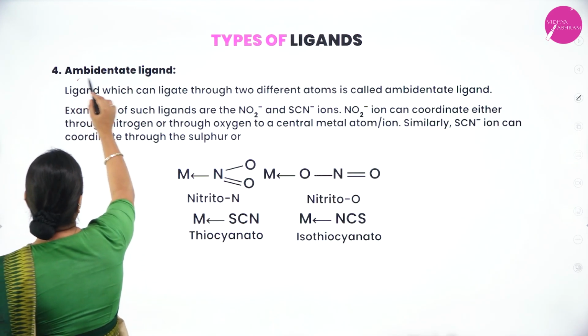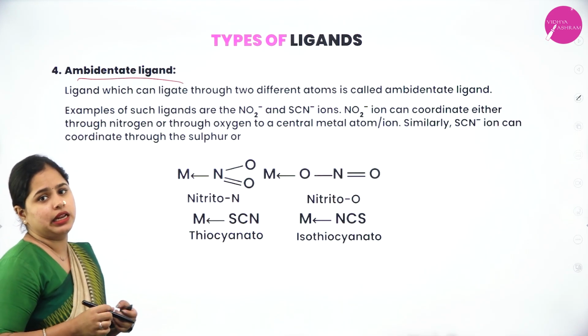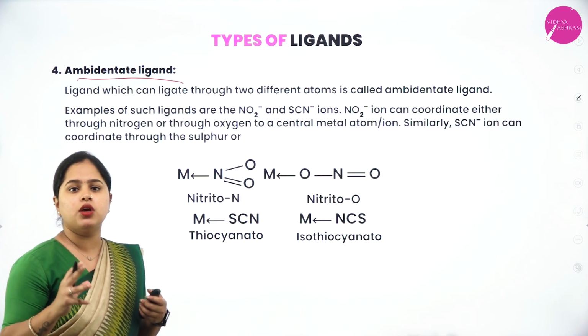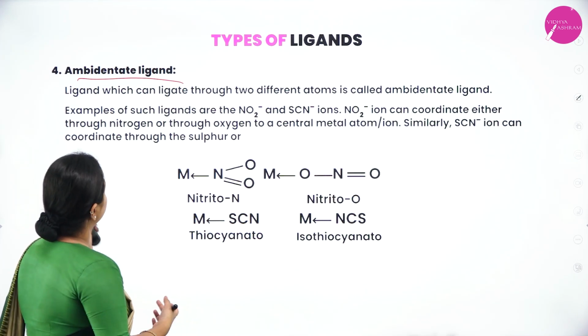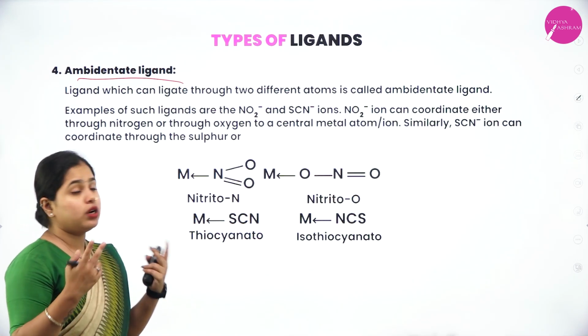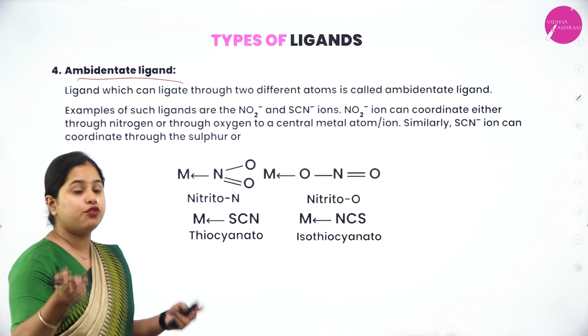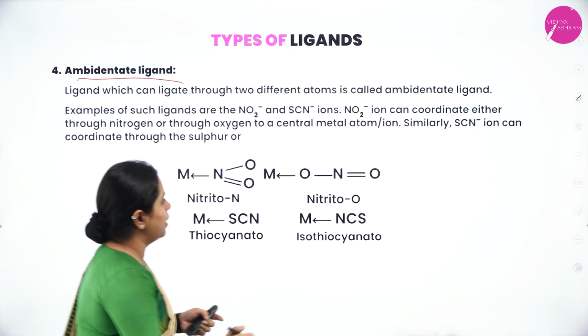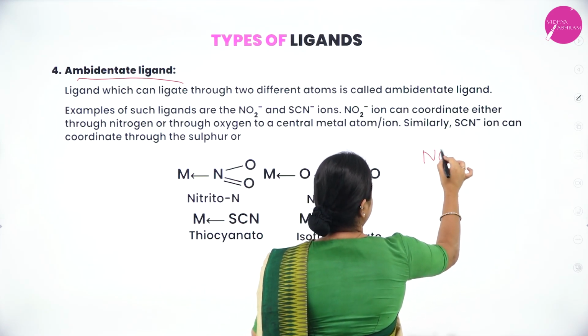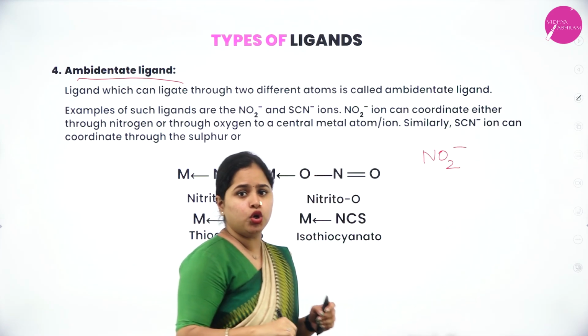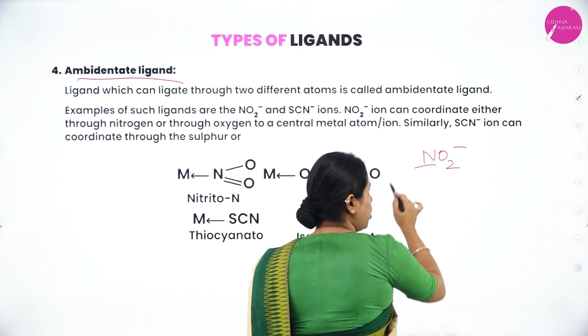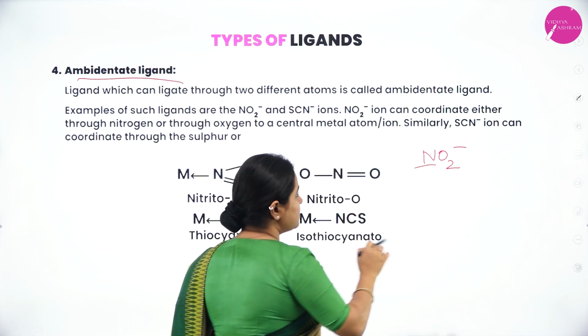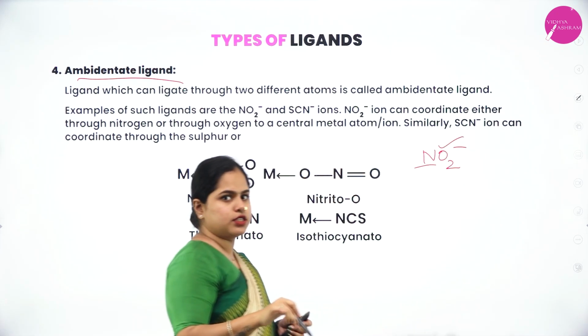Now, there is another type which is called the ambidentate ligand. This you can see only in special types of molecules. Ligands which can bind through 2 different atoms are called ambidentate ligands. For example, let us take NO2 minus. In NO2 minus, the nitrogen can act as a donor as well as the oxygen can act as a donor.